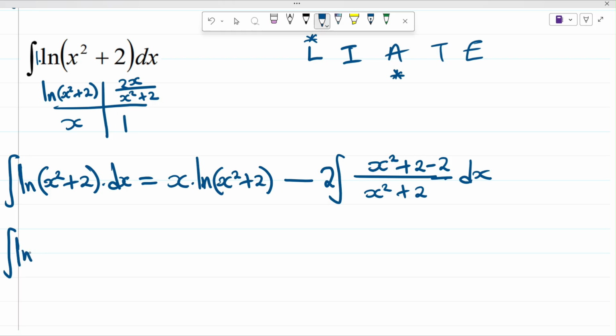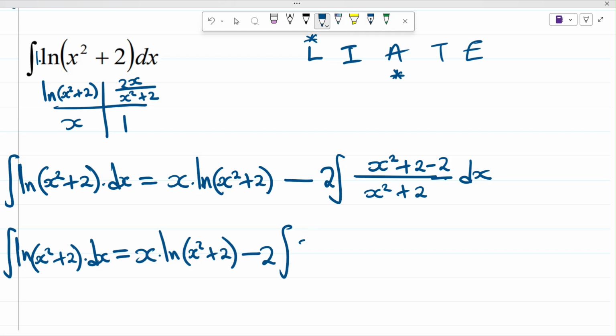This is still ln of x squared plus 2 dx, equivalent to x ln of x squared plus 2, minus 2 integral of x squared plus 2 divided by x squared plus 2 dx, and then minus 2 again, the 2.